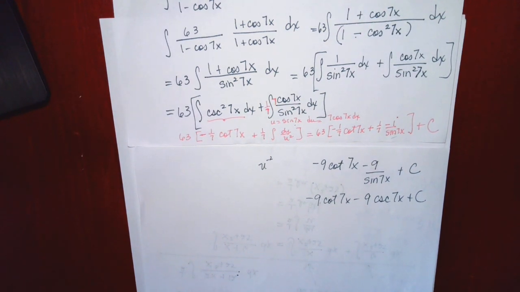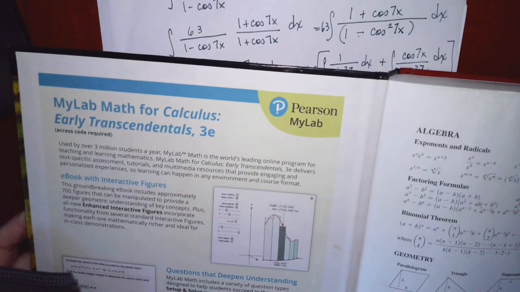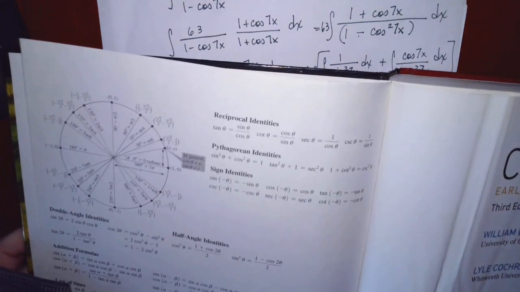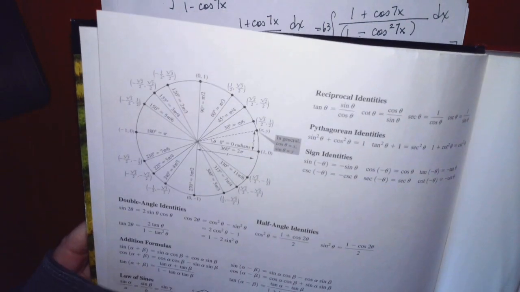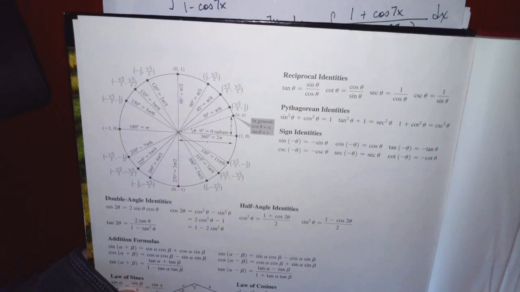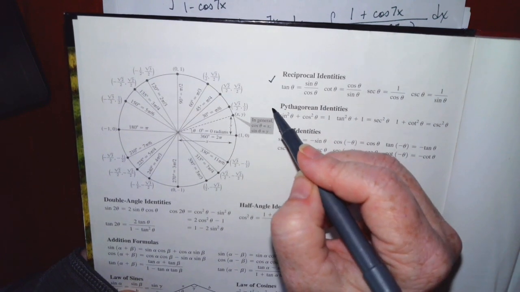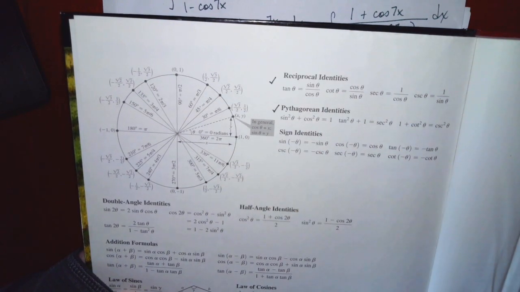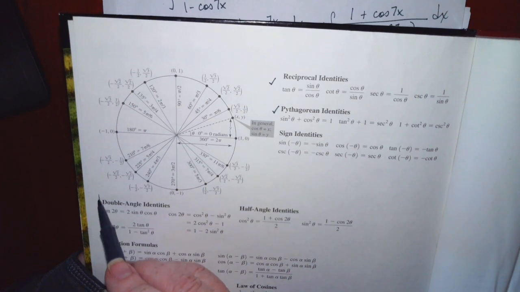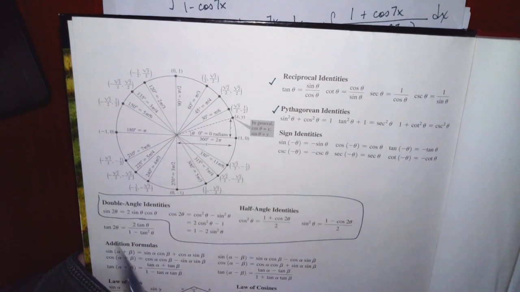I know some of you may not have a hard copy of your textbook, and that's okay, but if you do, remember, these are also, I think, in the e-book as well. If you look at the back of the front page of your book, the identities that we will use the most are the reciprocal identities, the Pythagorean identities, the double angle and half angle identities.